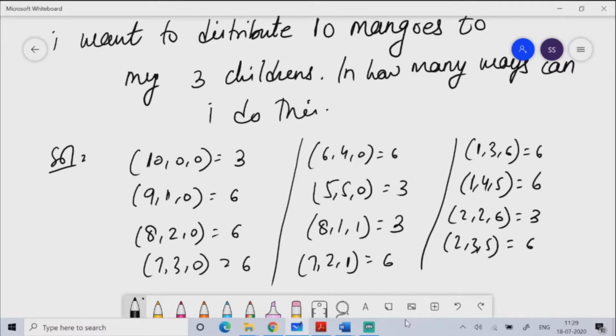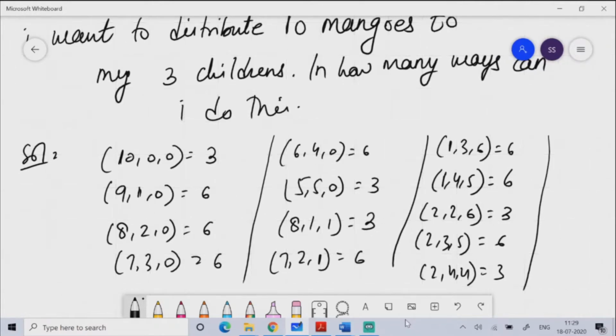Like this I need to develop cases, thinking about all the possible ways to distribute 10 mangoes to 3 of my children.